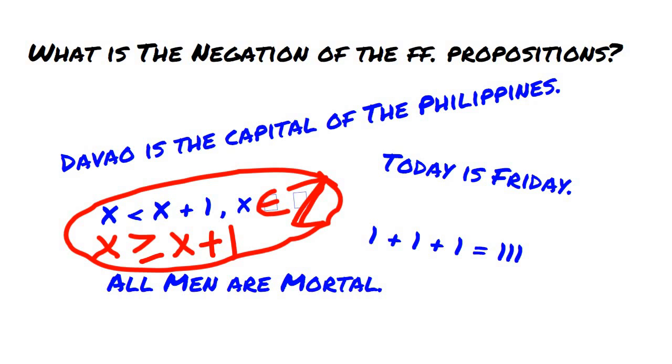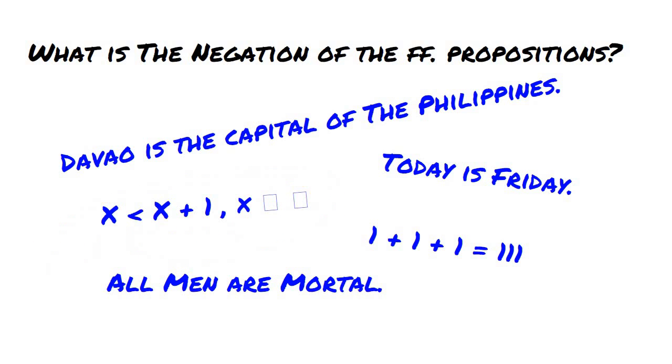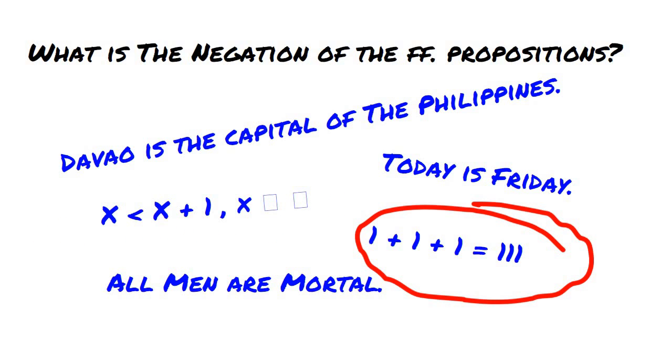And the truth value of this will be false. Next, 1 plus 1 plus 1 is equal to 111. And we can deny this by simply crossing out the equal sign, so it's not equal. And of course this will be true now.